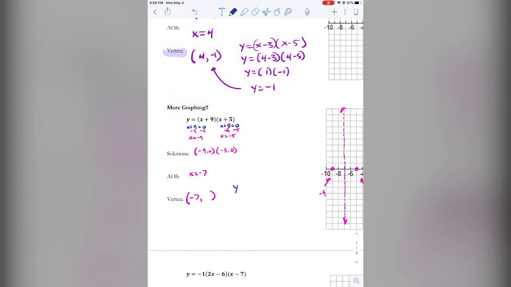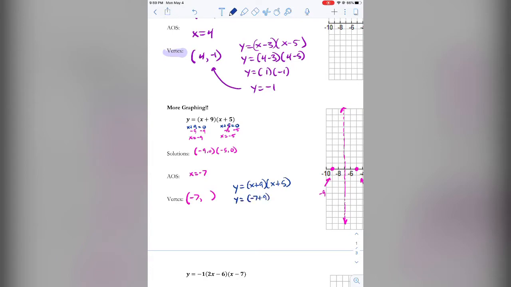So we have y equals x plus 9 times x plus 5. That's our original equation, but now we're going to plug in our negative 7 because that's what we want our x to be in this case, because our vertex is on our axis of symmetry, and since we know that x is -7 for our axis of symmetry, we know that our x is going to be -7 for our vertex.